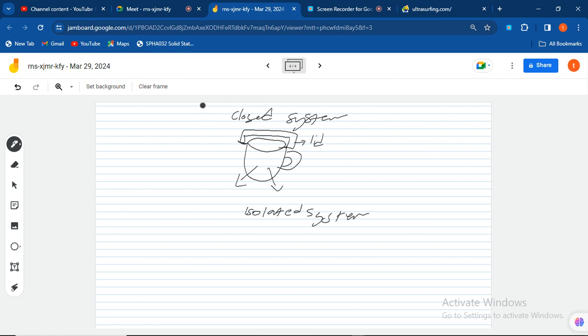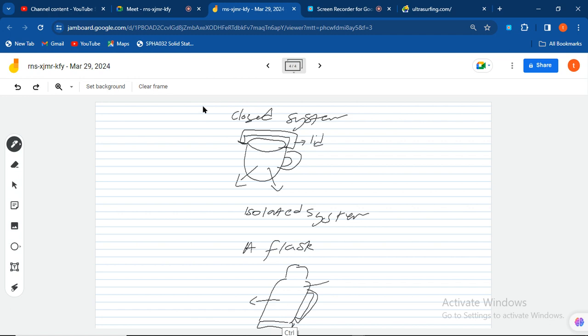Then an example of an isolated system we said is a flask. You know that a flask is something that will never, there won't be any heat loss, right?